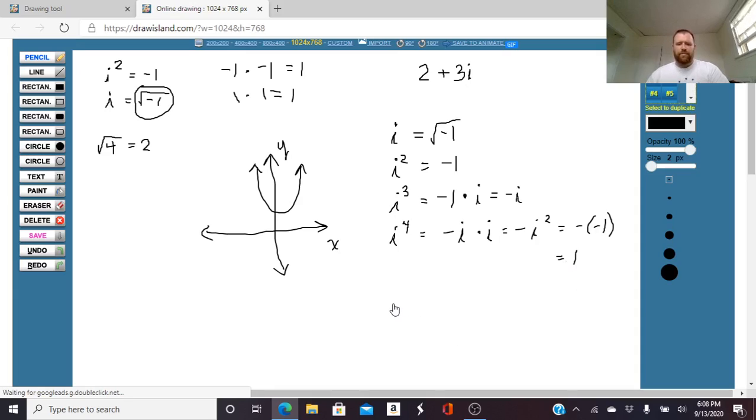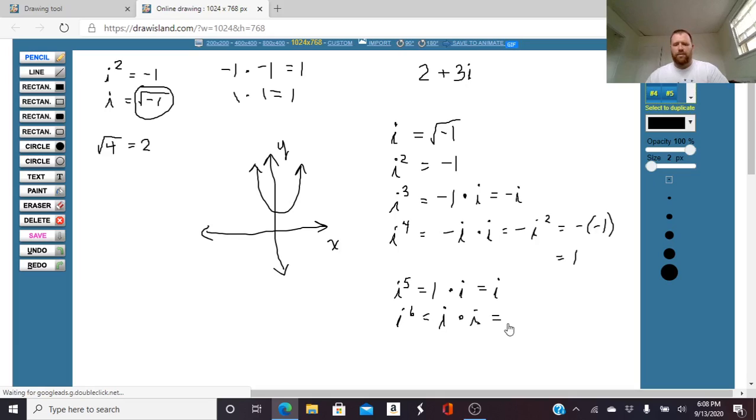Okay, if we keep going, i to the 5th power is i to the 4th power, which is 1, times i, which is just i. And you'll see this cycle starts to repeat. So you have i to the 6th power is equal to i to the 5th power, which is i, times i to the 1st power, which is also i.